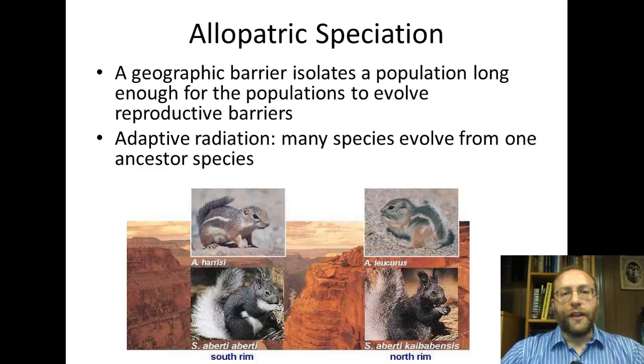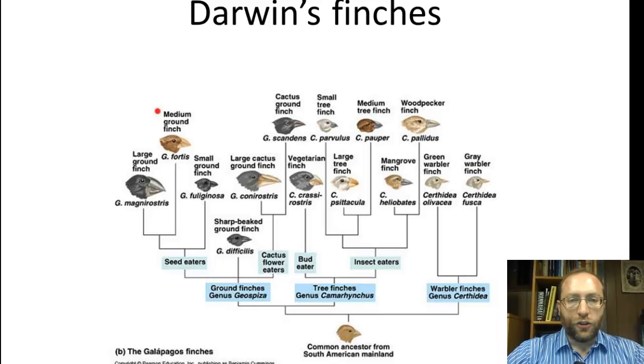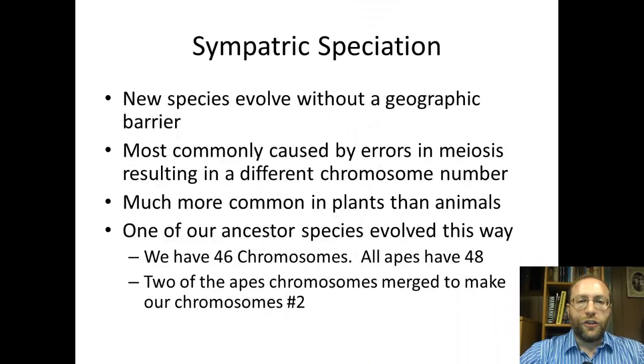In a situation like that, you can end up with adaptive radiation, where many species evolve from one ancestor species, and that's what you have over here. Down on the bottom, we have a common ancestor from the South American mainland, that finch, and from the few finches that made it over from South America to the Galapagos Islands, we ended up with this huge diversity of finches.